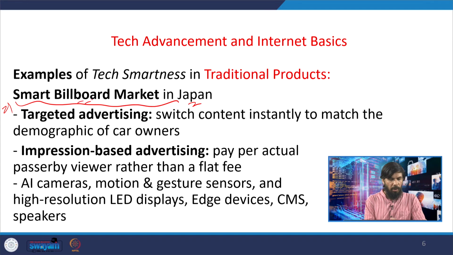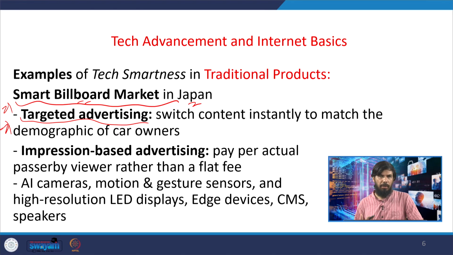So this smart billboard market, what this is about, it facilitates smartness in the billboard that enables targeted advertising. That means you can switch the content instantly in real time based on the cars going through, detecting the demographic based on the car type. It might be a luxury or medium segment or low segment car.